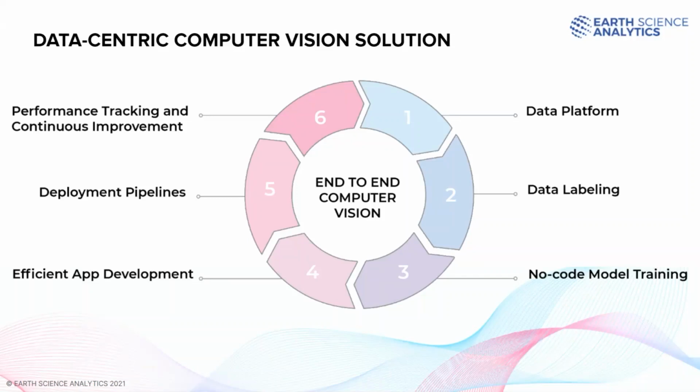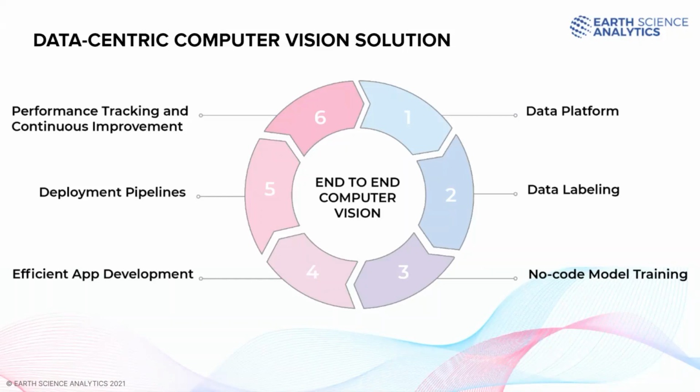So at the base of everything, we need to make sure we have a data platform so we can contextualize the data to make sure that the data has relationship to the other types of data and can be used together. We need various data labeling technologies, which we'll show more. We need the ability to train the models, and we need the ability to do that efficiently. So we're offering no-code model training and model prediction software.